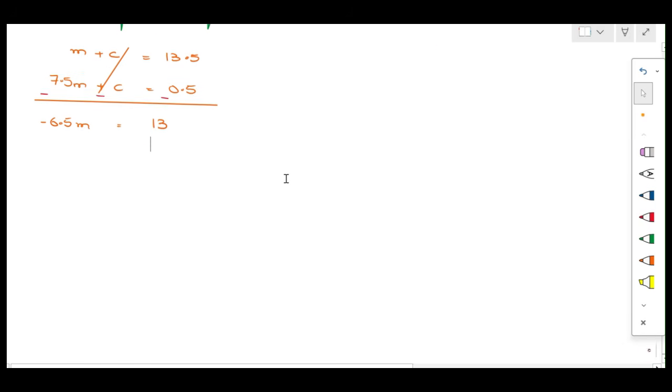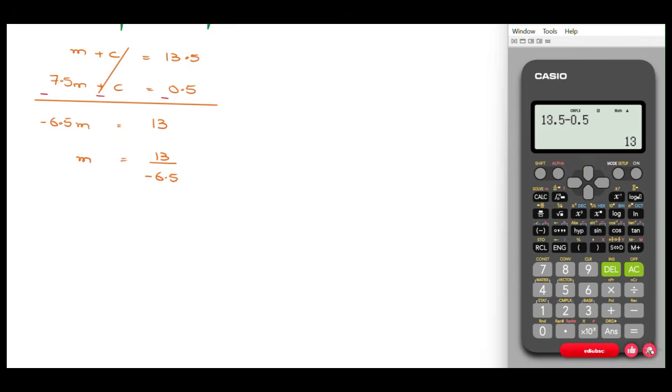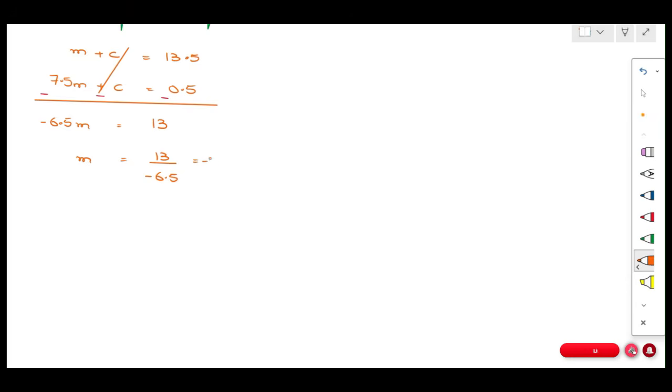Okay, solve for m. So what is m? m equals, from 13 you have to divide by minus 6.5. Okay, 13 divided by 6.5 is 2, so the m value is negative 2. So from here m equals negative 2.